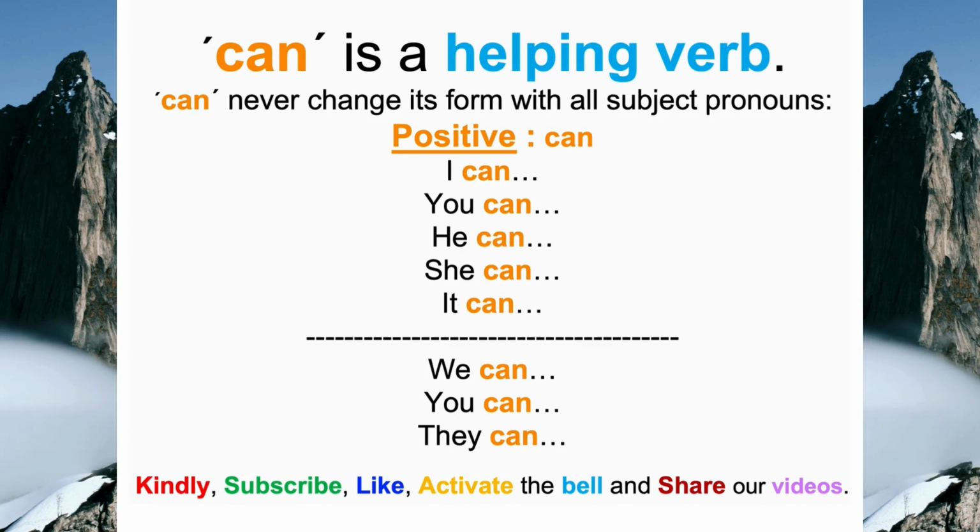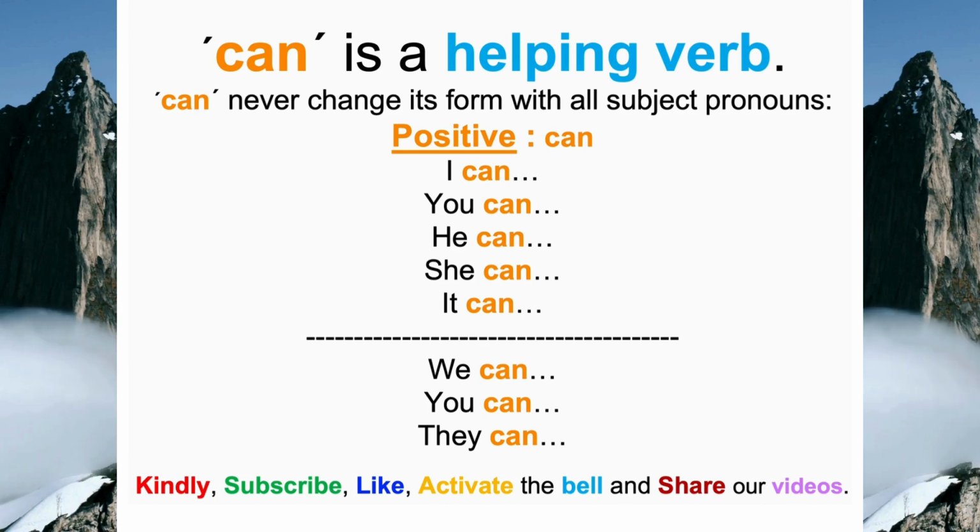So can as a verb never changes its form with all subject pronouns. Let's see this in this example. In the positive form, we use just can. I can, you can, he can, she can, it can, we can, you can, they can.